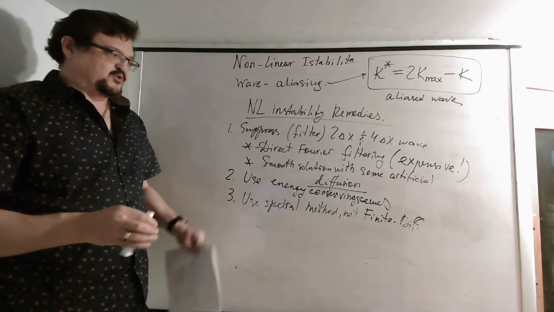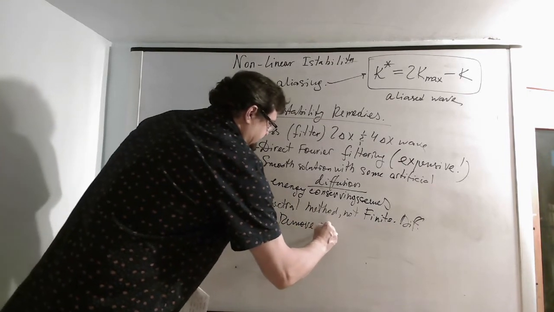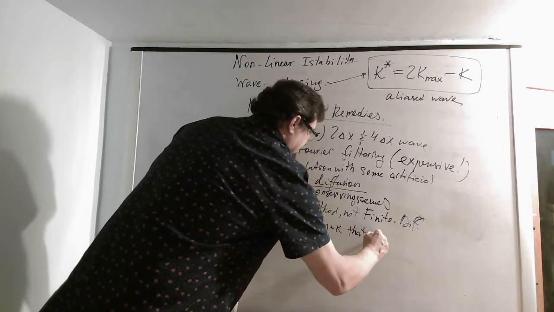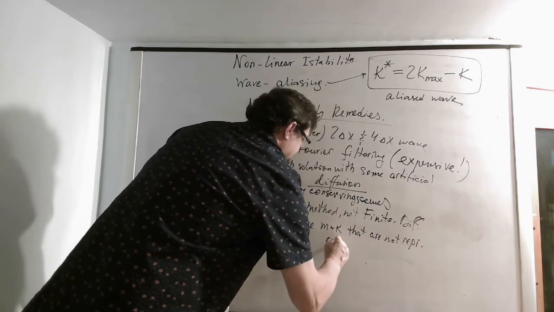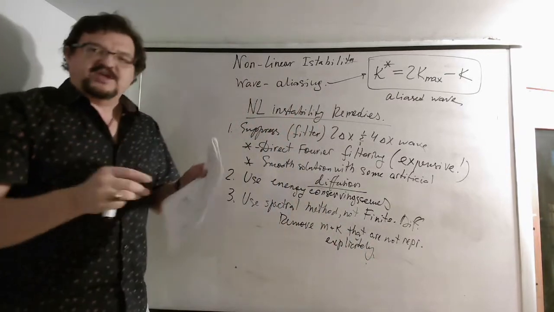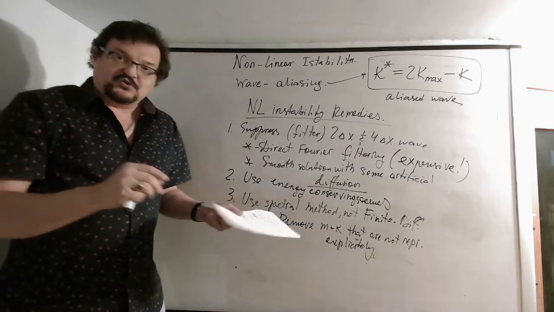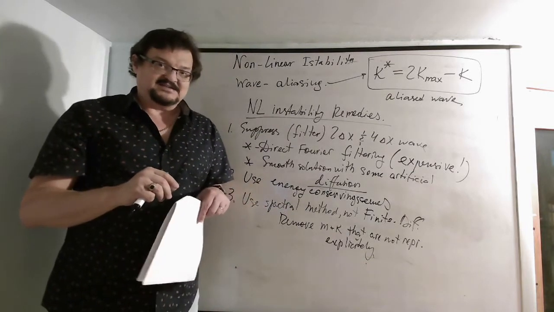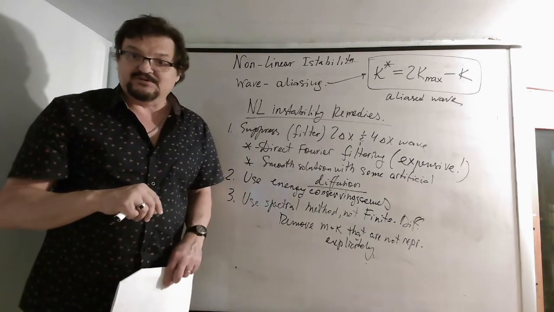In that case, you can remove the m plus k components that are not represented explicitly, because spectral methods basically create these pairs m plus k, and you just don't create pairs that produce waves that may alias back to the grid. You just get rid of those interactions.